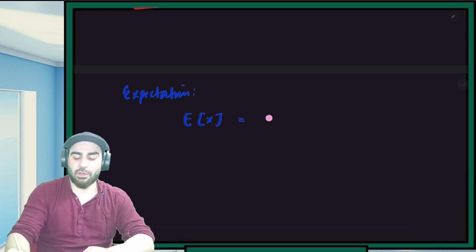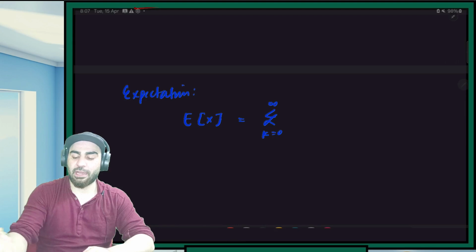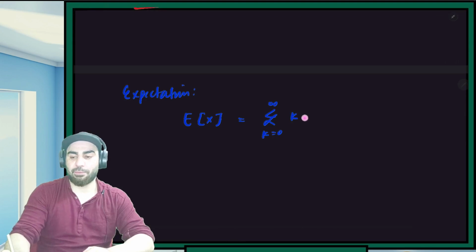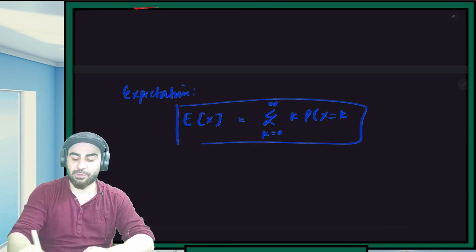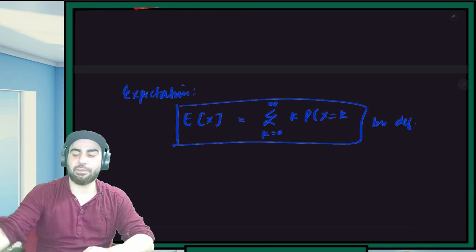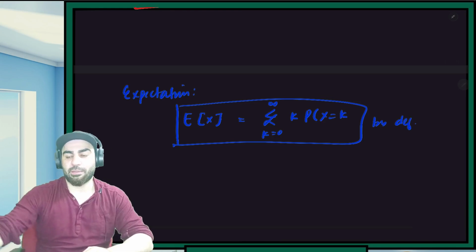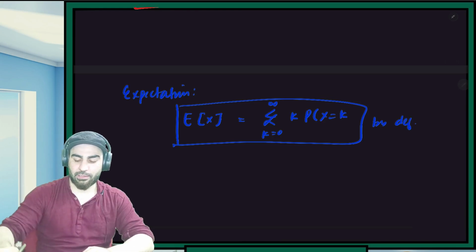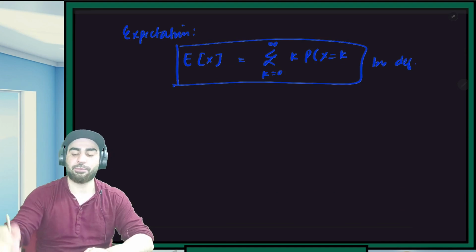If you have E of x, the expectation of x, you write the summation of k going from 0 to infinity of k multiplied by the PMF, the probability. This is by definition of expectation. Then to evaluate this for the geometric variable we are considering, we'll write the PMF of that.